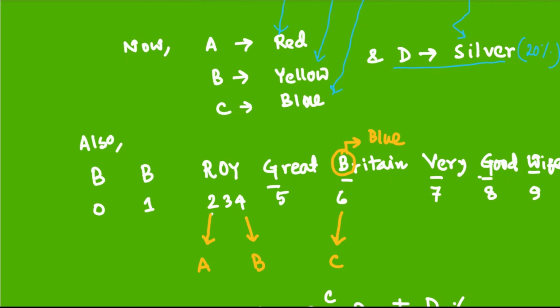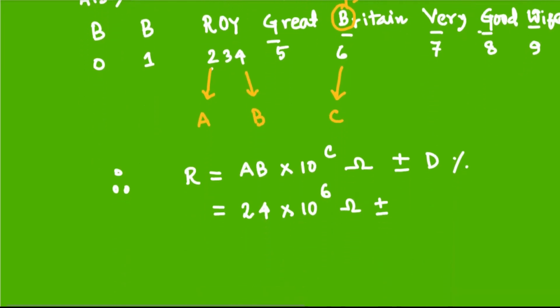As D is silver, the value of D will be 10%. So in place of D, we can write 10%.